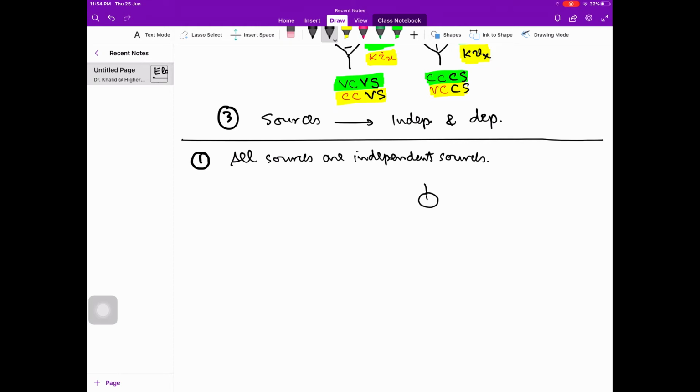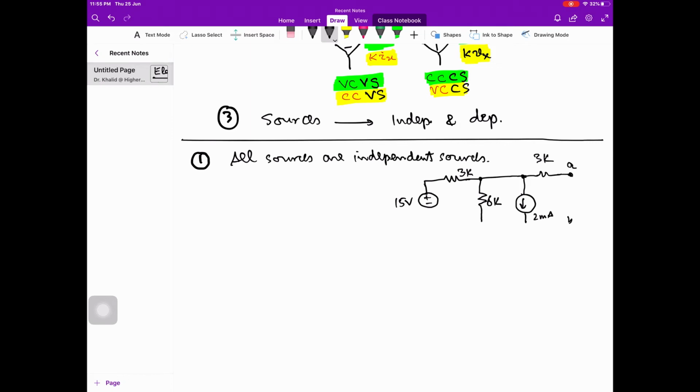You will see this example in the textbook. This is a 15-volt source, independent, 3K resistance, fixed value, linear resistance, and a current source of 2 milliampere, another resistance of 3K.